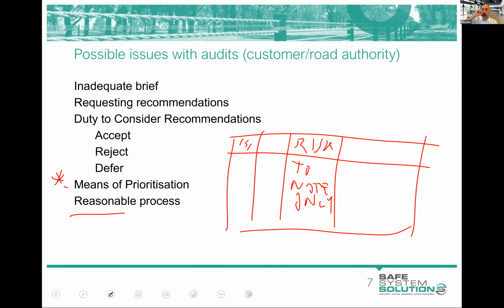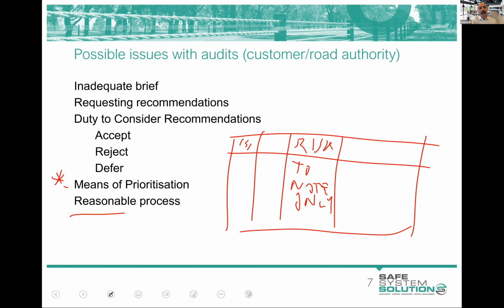I'll use to note only when I go, yeah, it's not a road safety thing, but I don't like it, or I don't think it's good, or I'm unable to make an informed risk assessment of this for some reason, I just don't have enough intel. Like the swept path one, I would probably put to note only.